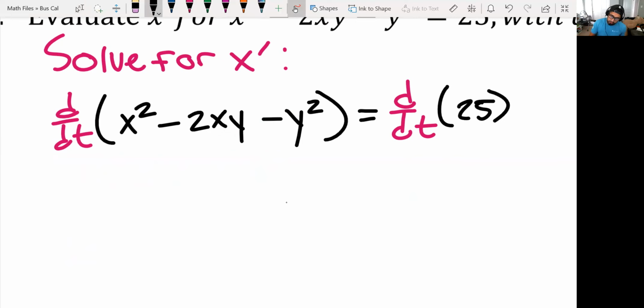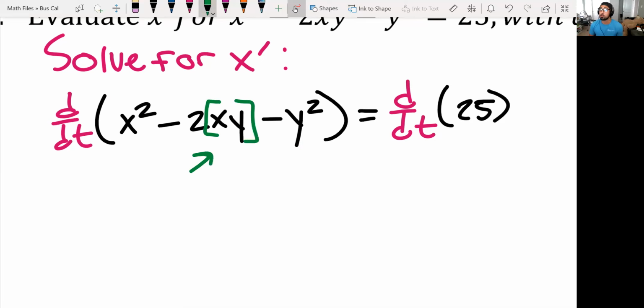Okay, so what we're going to do here is ignore these two terms for now, because those are the easy derivatives. Let's look at the implicit derivative of this, because this is going to use the product rule. So let me box this off.